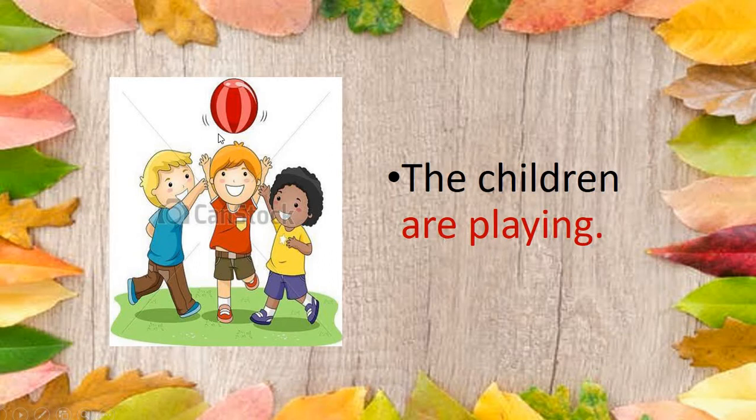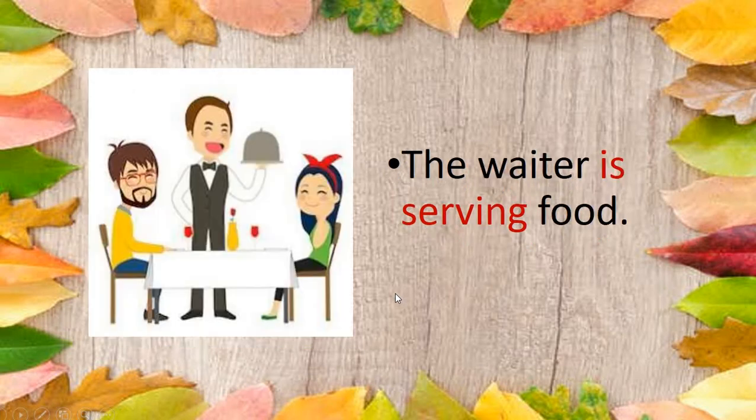It is going on. It has not stopped. It has started but not stopped. The children are playing. It is happening now. Understood, children? Very good. Now see the next picture.